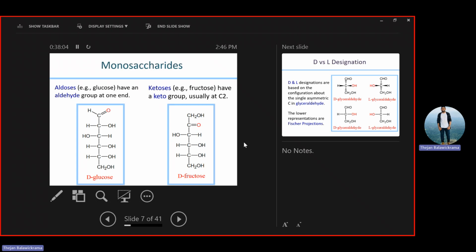So let's say light is rotating in the clockwise direction. We call it the D isomer, D glucose. If it is rotating in the anti-clockwise direction, that is the L version.